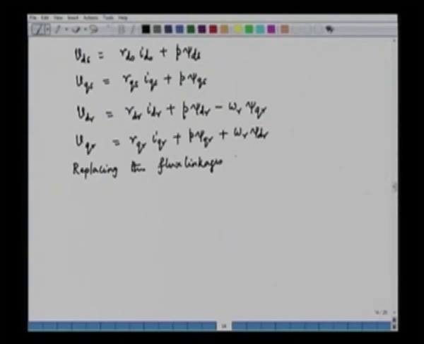Replacing the flux linkages by currents, we can say VDS equals RDS IDS plus LDS P IDS plus MD P IDR.